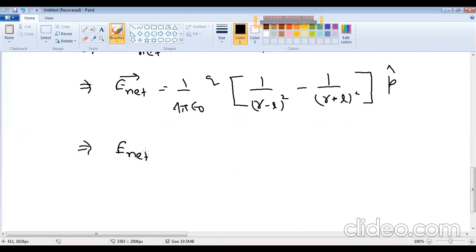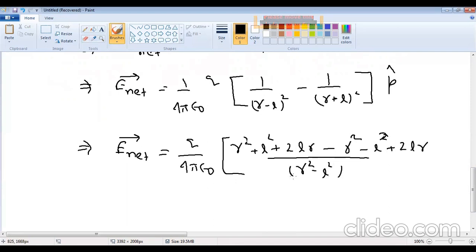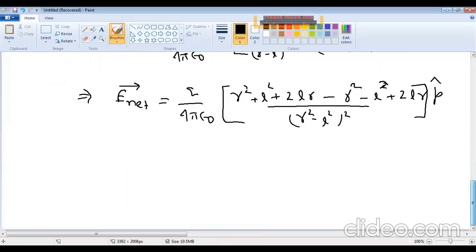This net electric field we can further solve like R square plus L square plus 2LR minus R square minus L square plus 2LR, and then the denominator will be having this. Of course, we cannot miss this direction P cap, where this net field is actually oriented.